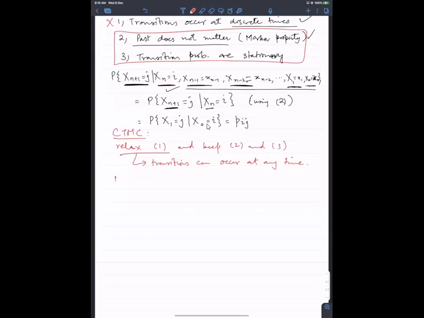So the definition of the CTMC, we will give alternate definitions. The CTMC is defined as a random process X of t with t greater than or equal to 0.